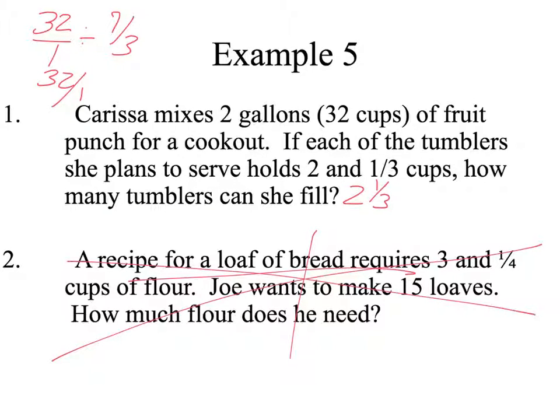So 32 over 1 times 3 over 7. That's going to give me 96 over 7, which is 13 5/7.